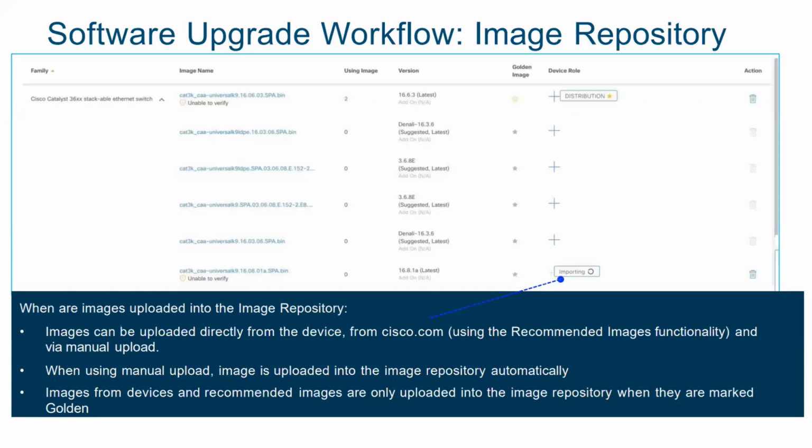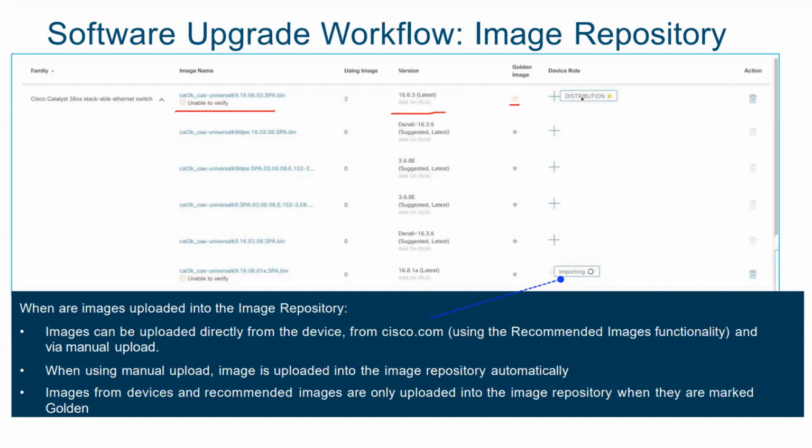Does that mean that all images will be available on my DNA? No. There are certain cases where the image repository will have an offline copy of that image. First, if you define one image as golden image, like this example, any Cat3K will have this image as certain, which is 16.6.3. If you define this as golden image, it's going to download it and it's ready for distribution.